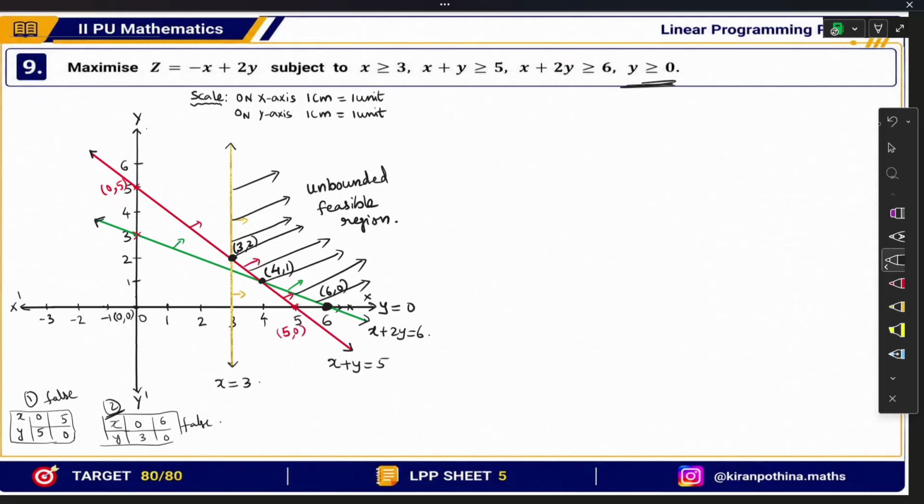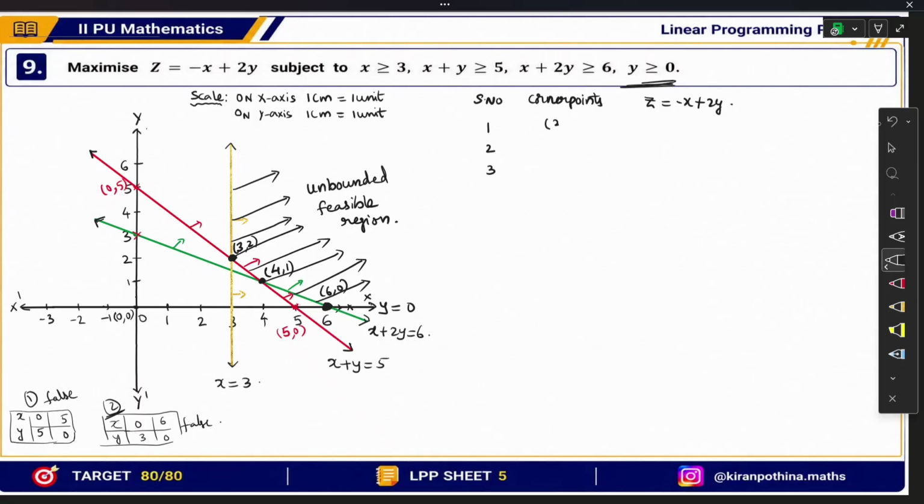Let us draw the table first: serial number, corner points, and objective function, that is z equal to minus x plus 2y. We got three corner points, 1, 2 and 3.